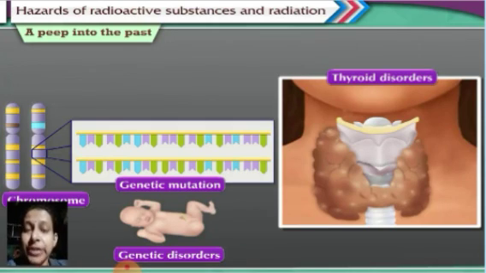I want you all to read the lesson thoroughly and learn about radioactive substances like alpha, beta and gamma rays: what is their nature, what are their characteristics, what are their harmful effects, who discovered them, and how they were discovered.